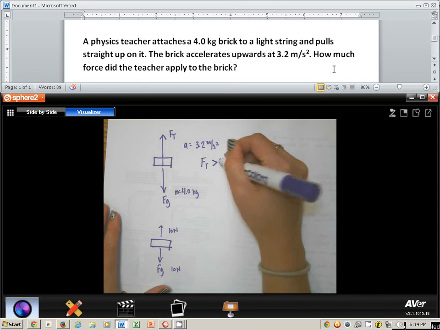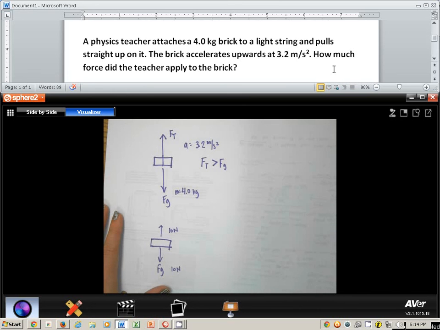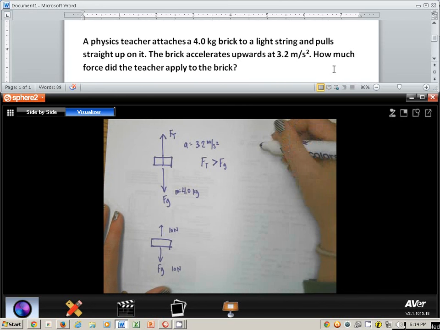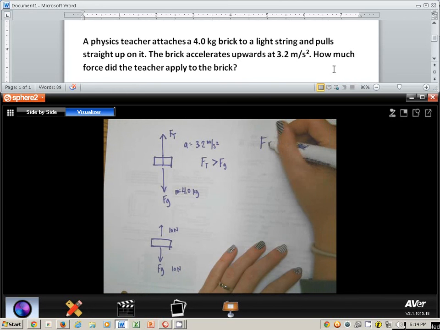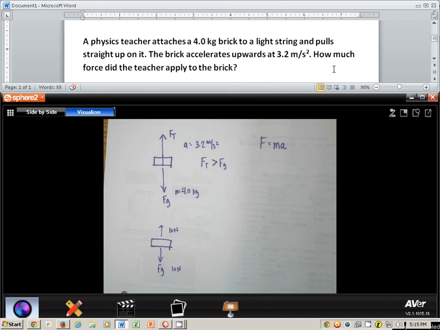So if I have this brick right here with 4 kilograms and I have this acceleration, it's pretty simple for me to just put it into a problem here and go F is equal to ma. My mass is 4.0 kilograms.